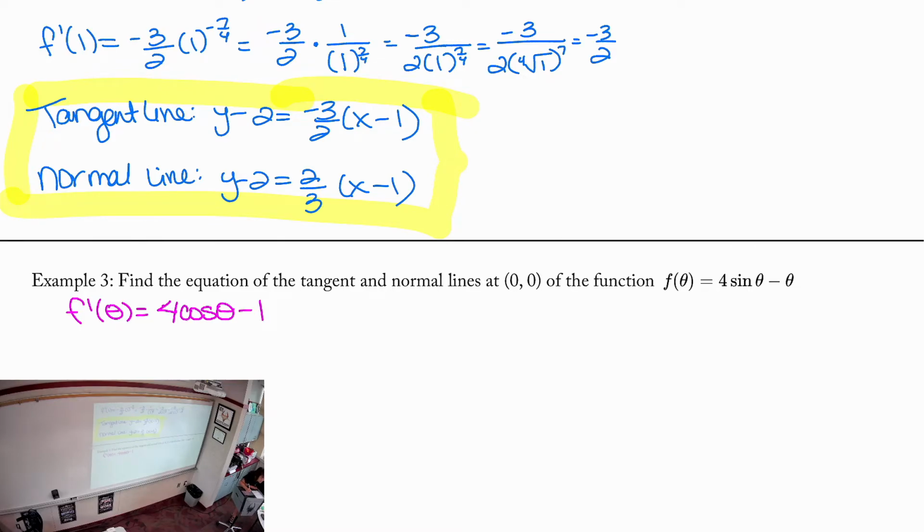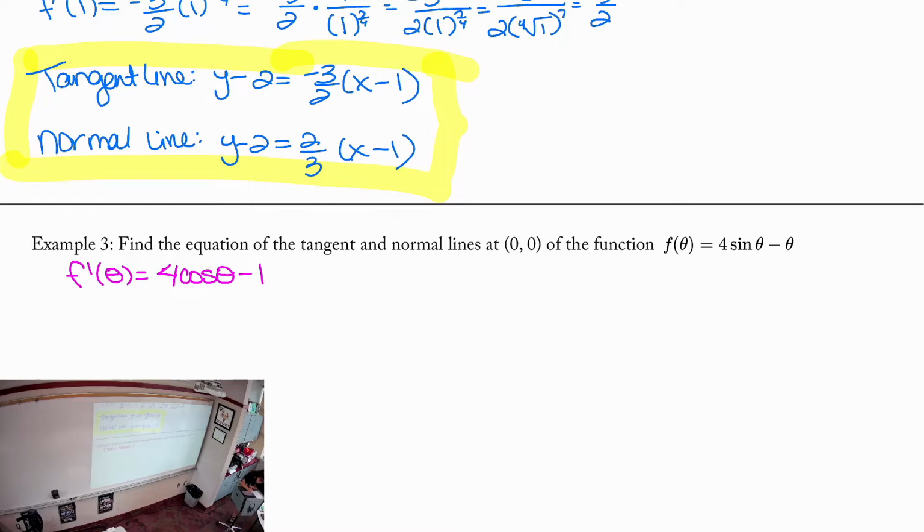Treat theta as if it was x. Now I'm about to ask a harder question. What's f prime of 0? What's the cosine of 0? It's 1 or 0. It's 1.